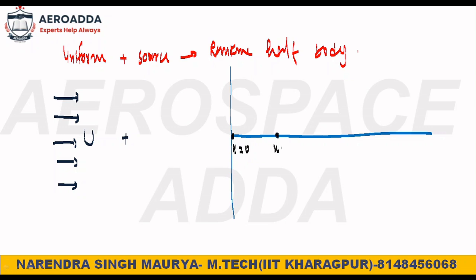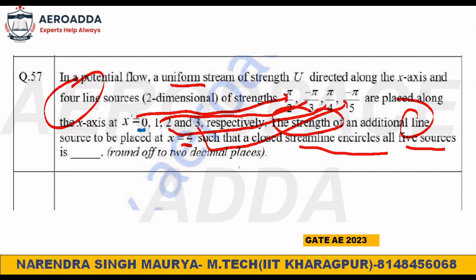Then the next one is x equal to 1, then x equal to 2, then x equal to 3. Please see here, they have given sources placed along the x-axis, and the strength of an additional line source to be placed at x equal to 4 is such that a closed streamline encircles all 5 sources.